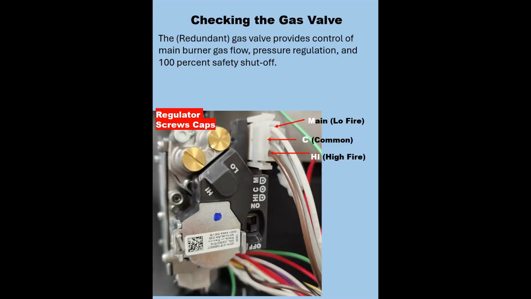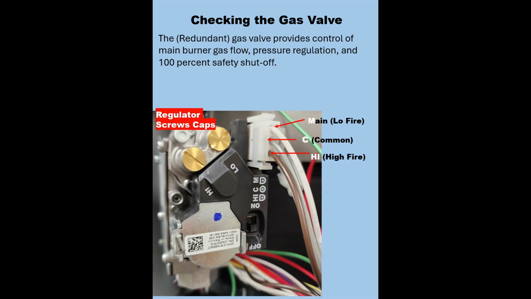And checking the gas valve, it's a redundant gas valve, which means if one side fails, the other does. If one side doesn't fail but the other side has a problem, it's going to fail, and then the gas valve isn't going to work. And that provides control of the main burner gas flow, the pressure regulation, and 100% safety shutoff.